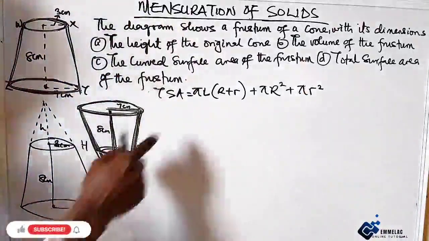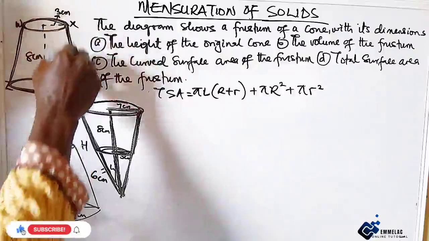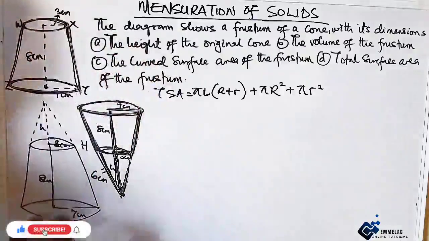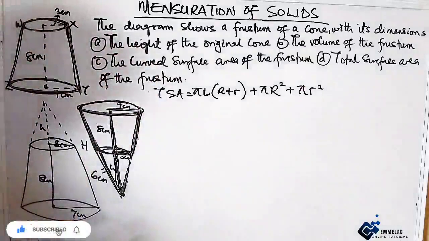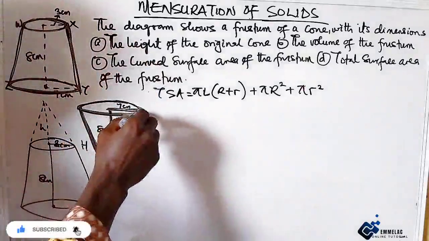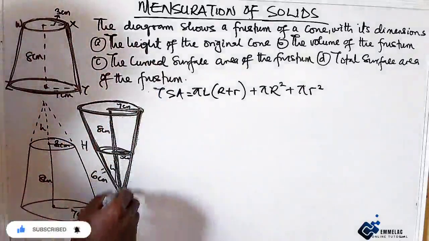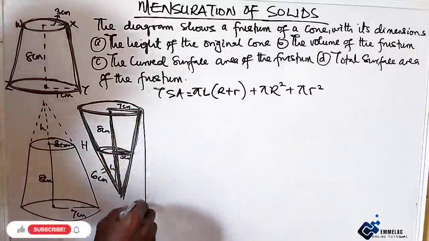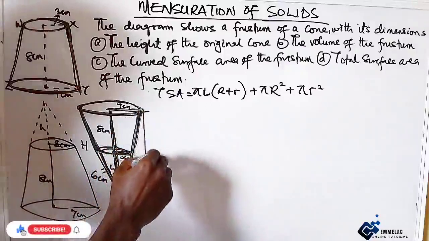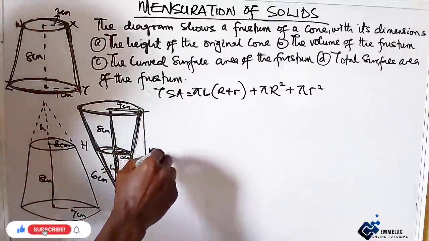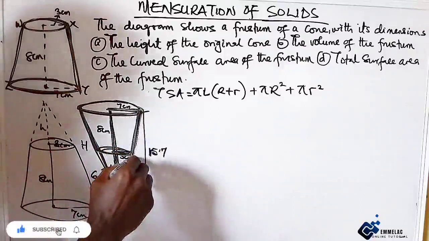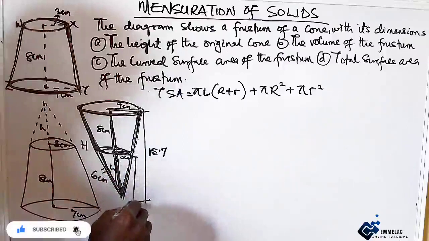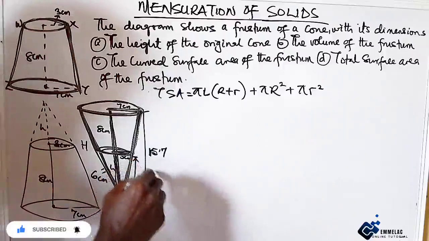And for the slant height, which is this slant height here, what we just need to do here is, now the slant height from here to here is actually giving us 15.7, and the slant height from here to here, I guess we got 6.7.